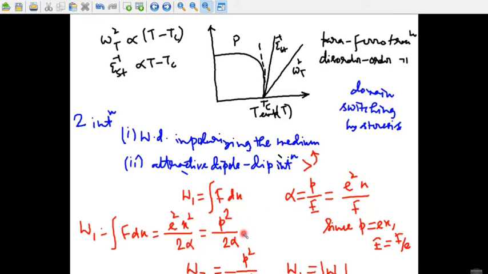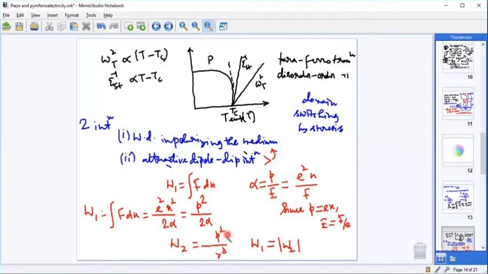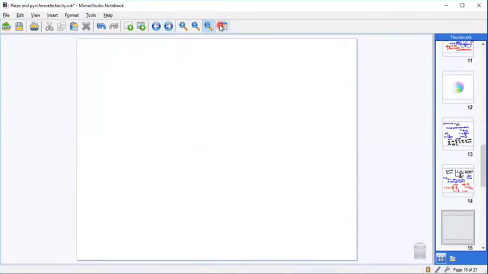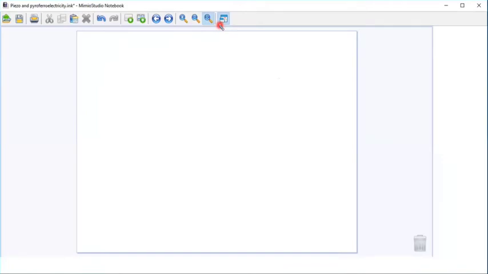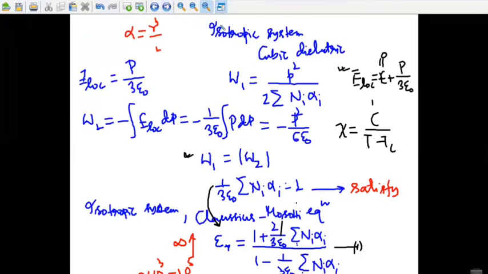And further, the attraction energy due to the dipole-dipole interactions will be W2 equals minus P square upon R cube, where the negative sign indicates that it is an attractive force and R is the distance between the dipoles. If W1 equals modulus of W2, we find alpha is R cube by 2.